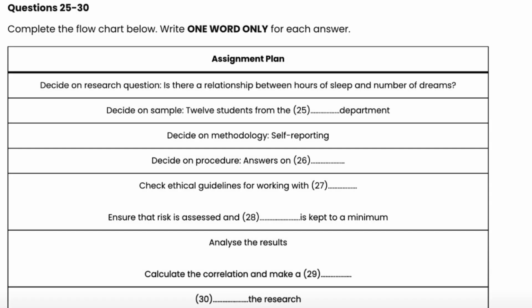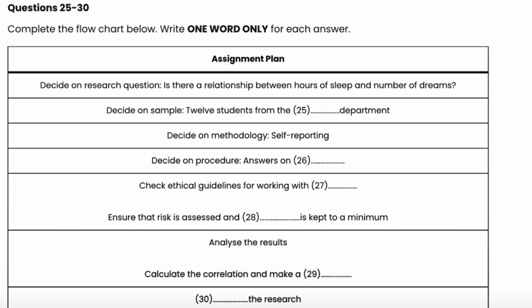You will hear two psychology students called Luke and Susie discussing their assignment on sleep and dreams. First, you have some time to look. Now listen and answer questions 25. So, shall we plan what we have to do for this assignment? Okay. First, we have to decide on our research question.